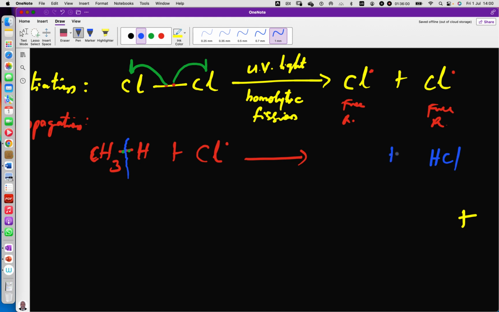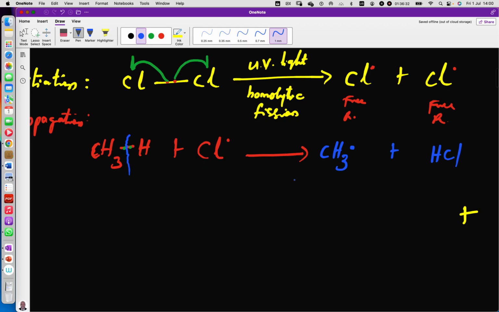Then the CH3 will remain as a free radical with its own one electron. So one free radical will react with this other one, hydrogen chloride will be formed, and the CH3 free radical will be formed.